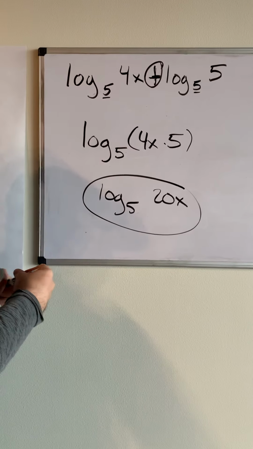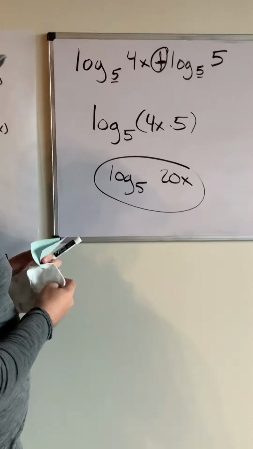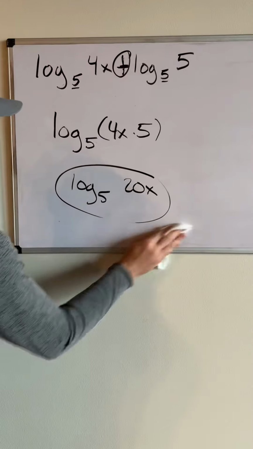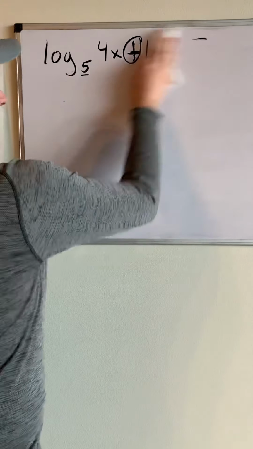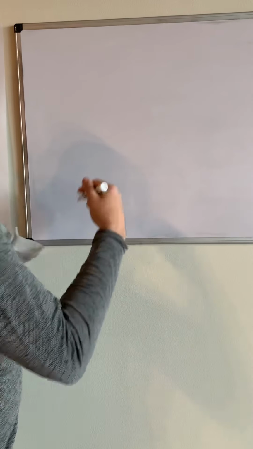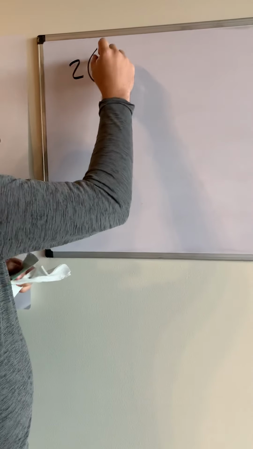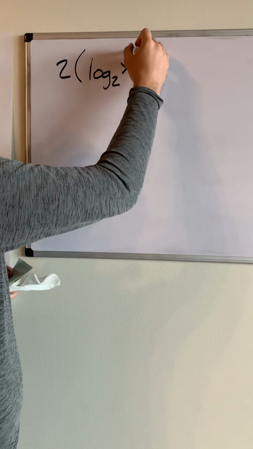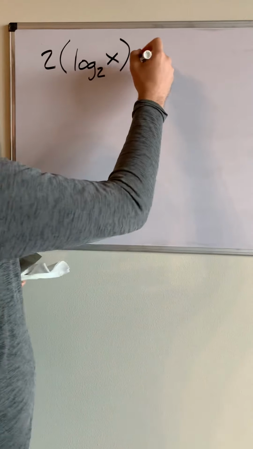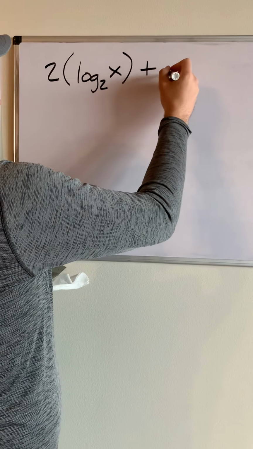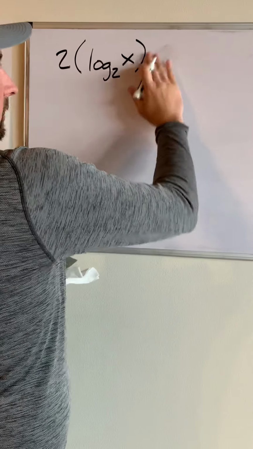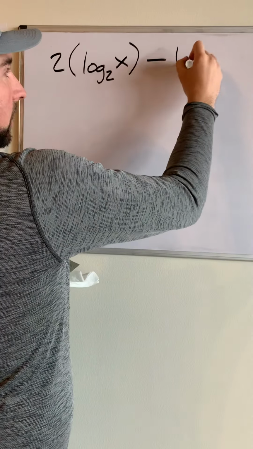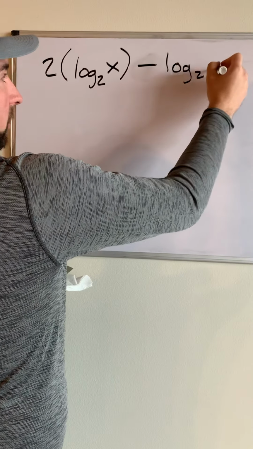Pretty straightforward. Let's get one that maybe has a couple more steps in it. What if I did 2 times log 2x, plus, or we'll go minus, log base 2 y.